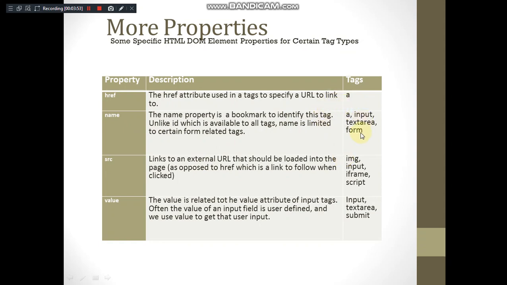It is not limited to only these tags, it can be used with any tag. Source we use with the image tag, input tag, iframe, script tag. Value we use for radio buttons, checkboxes, text area, submit button, for all the form elements.